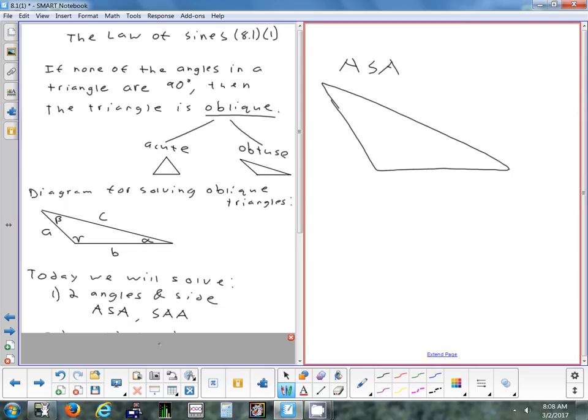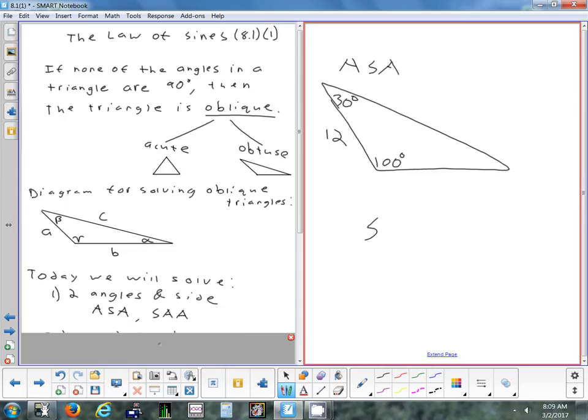So this is angle, side, angle. Okay, here's a triangle. Let's say this angle is 30. This side is 12. This angle is 100. The information they've given me is 2 angles, and they gave me the side that is between the angles. It's the side that connects them.